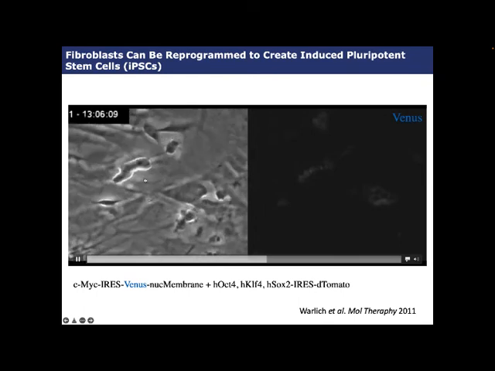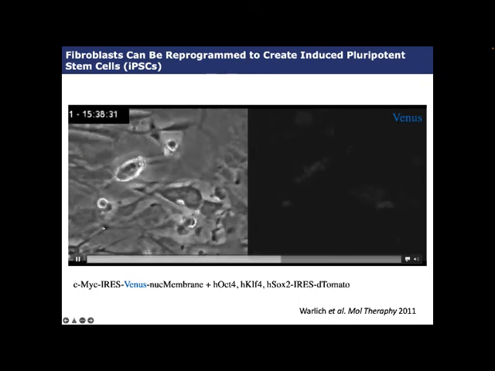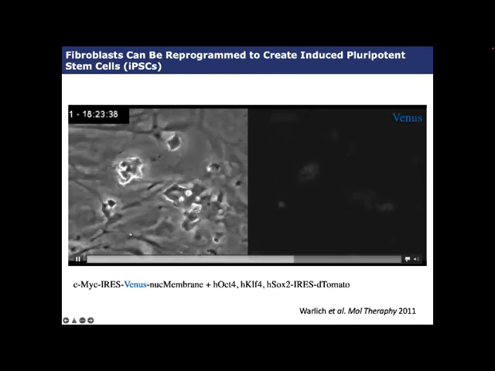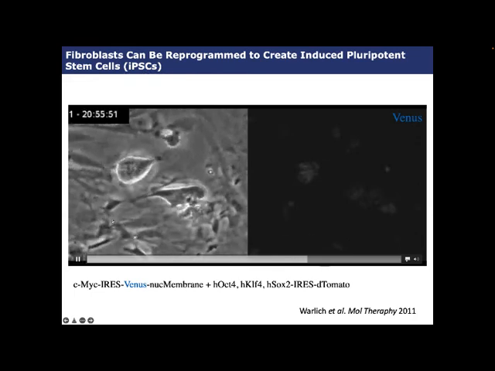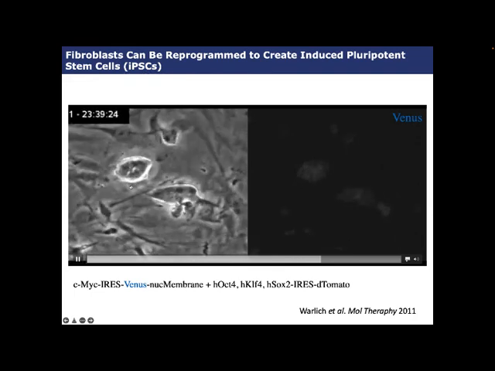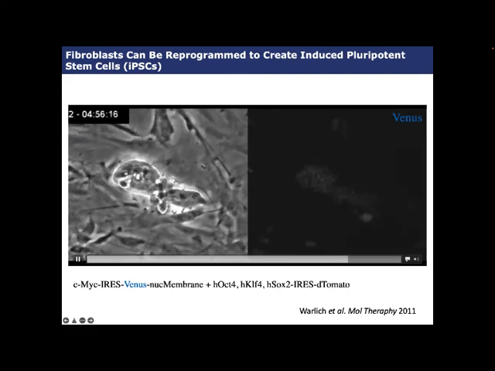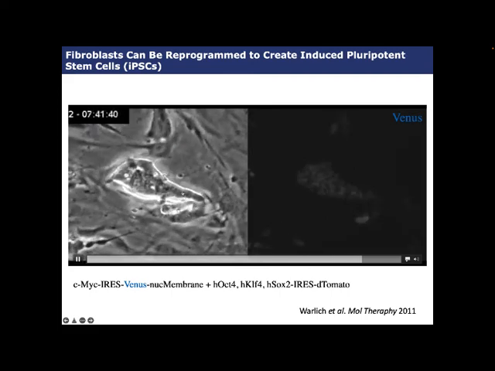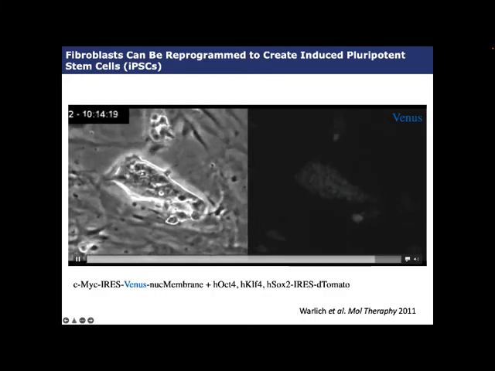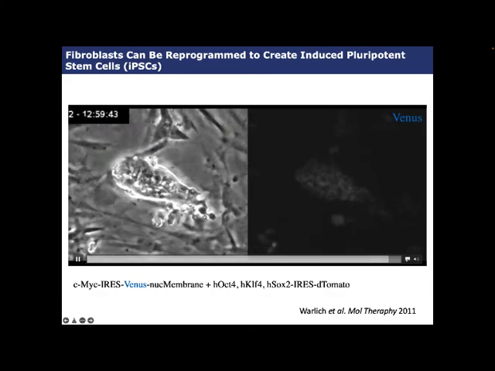These colonies are quickly expanding, and you can notice that the surrounding fibroblasts have a very different structure, spindle-like morphologies, compared to the cells inside this colony, which is quickly amplified. And we call these colony-like cells pluripotent stem cells.